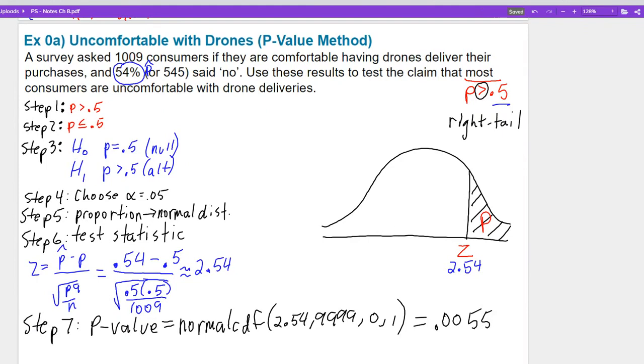Found the p-value was 0.0055. The z-value of 2.54 corresponds to the area under the curve of 0.0055.